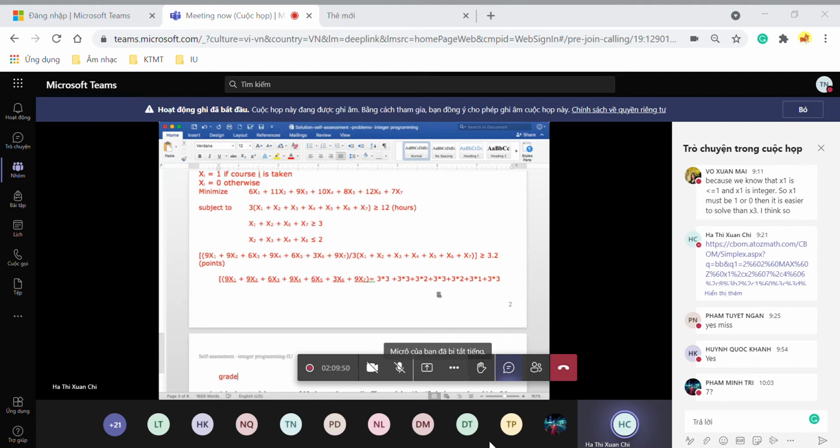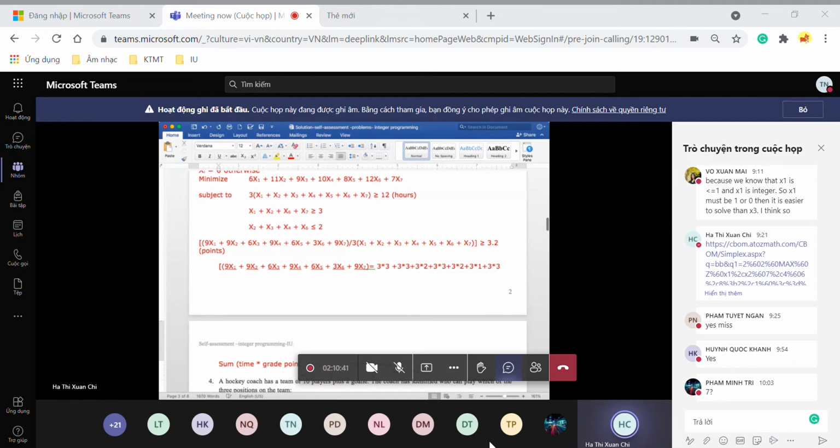You take the grade point times hours times xi, you have the sum, and you divide by the sum of hours times xi, i from 1 to 7, everyone, must be greater than or equal to 3.2. It's like this.